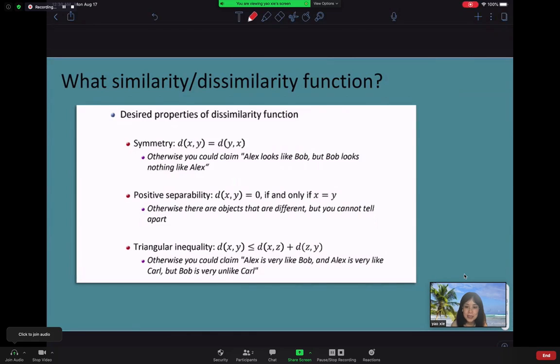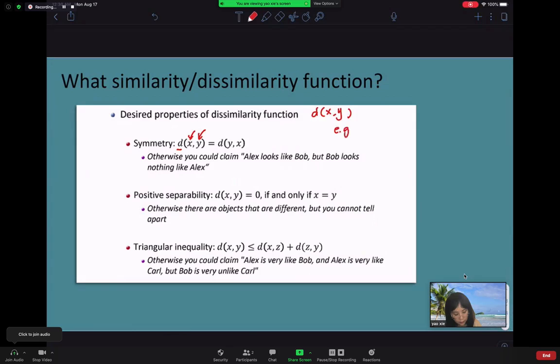The question next is, once each data point is represented using a vector containing the values of the features you have chosen, measuring the similarity between data points is a problem of choosing a function to measure the distance between two feature vectors.